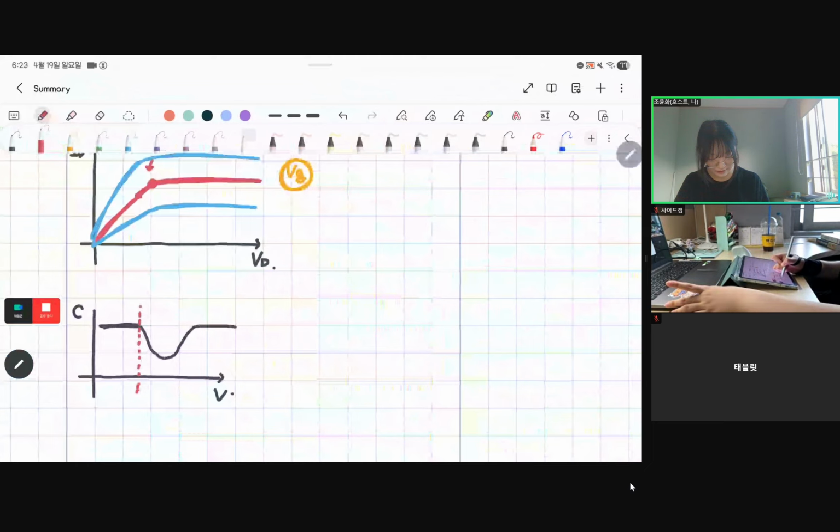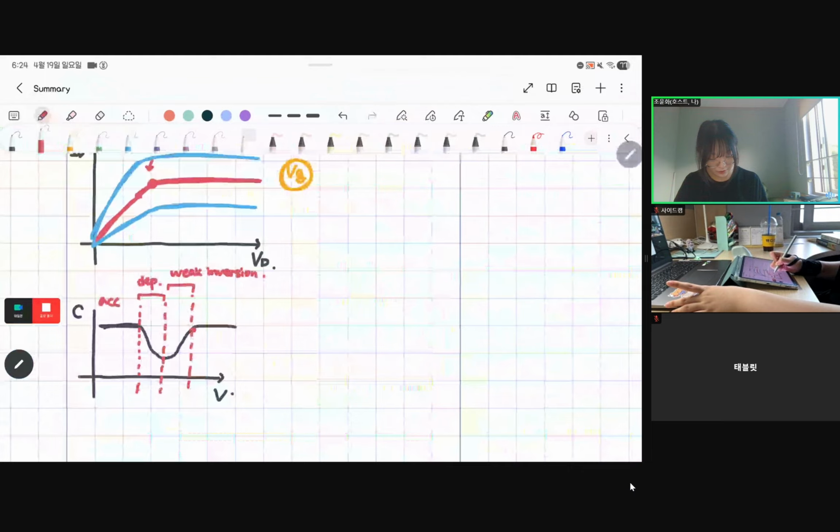This is accumulation mode, and these regions are depletion mode. And these regions are weak inversion.